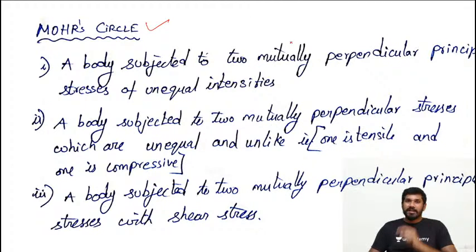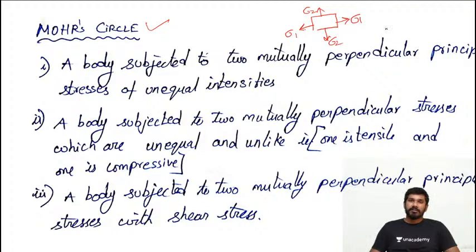One is when a body has two mutually perpendicular principal stresses where their intensities are unequal. Right? This is the representation here.